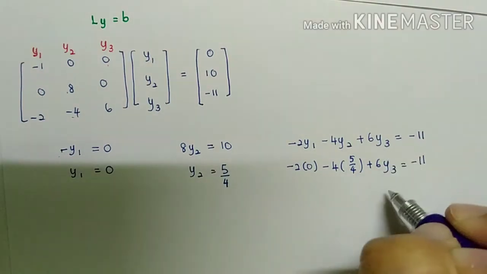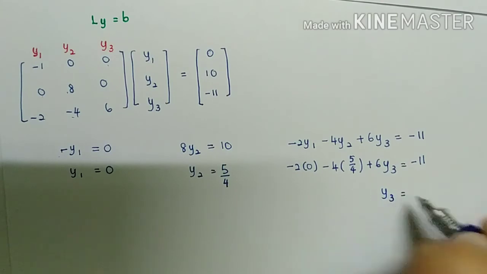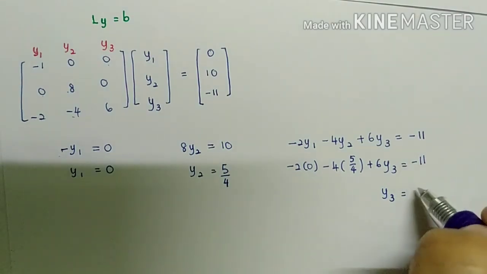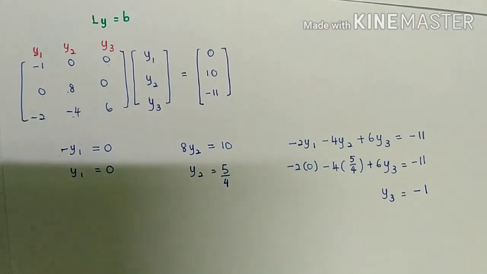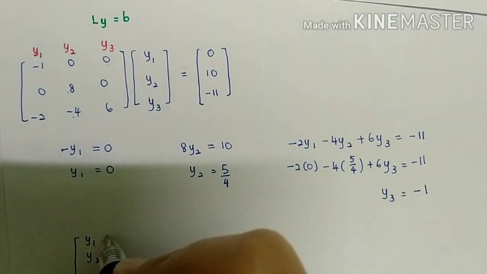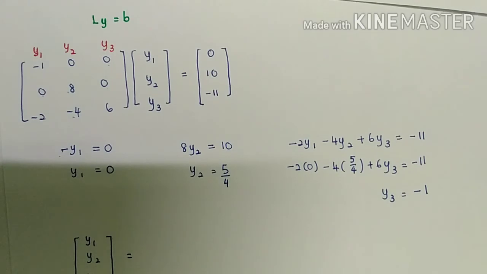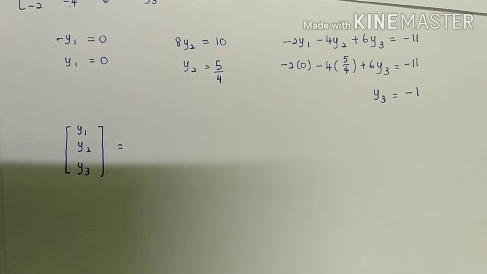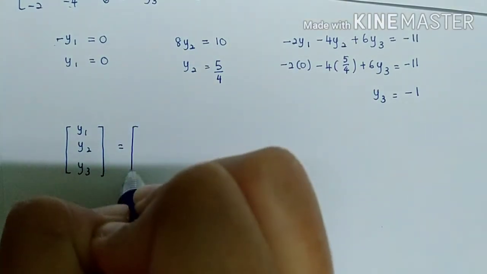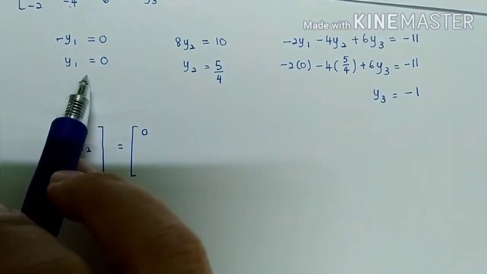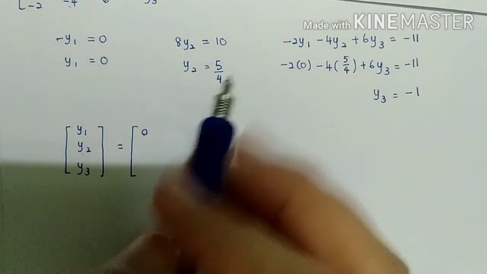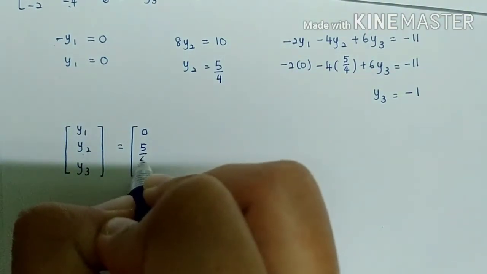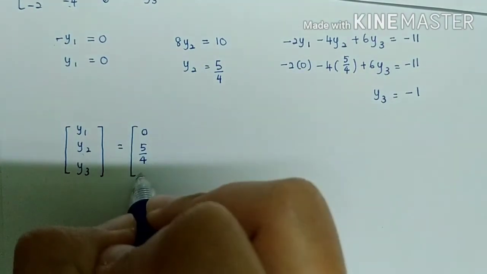So we calculate, we get y3 equals negative 1. So our matrix Y, y1, y2 and y3, is equal to 0 for y1, y2 is 5 over 4, and y3 is negative 1.